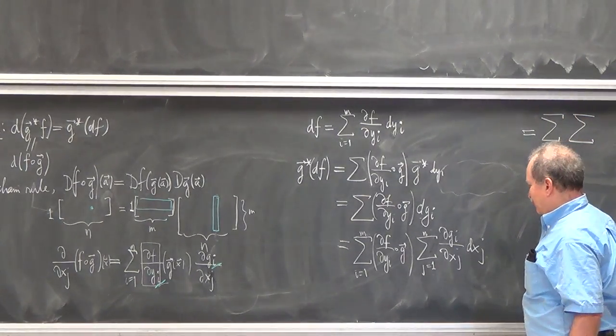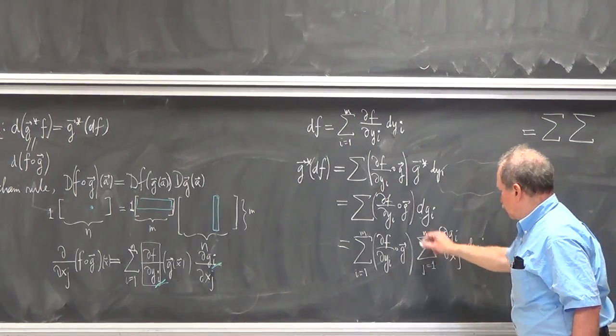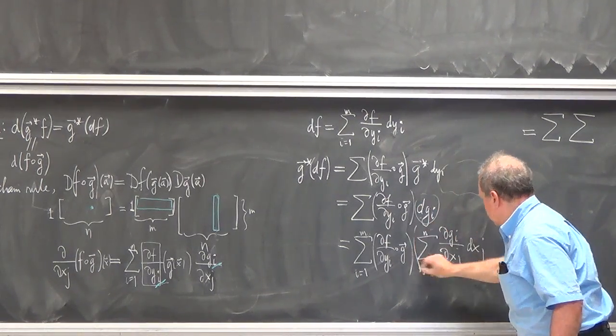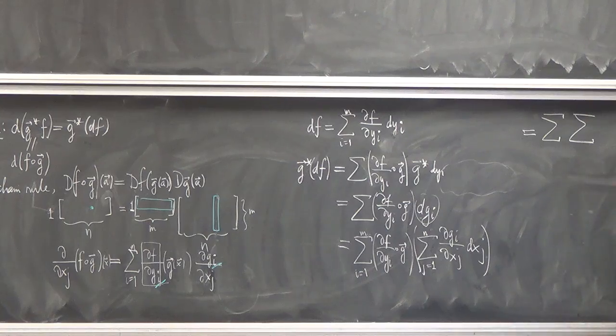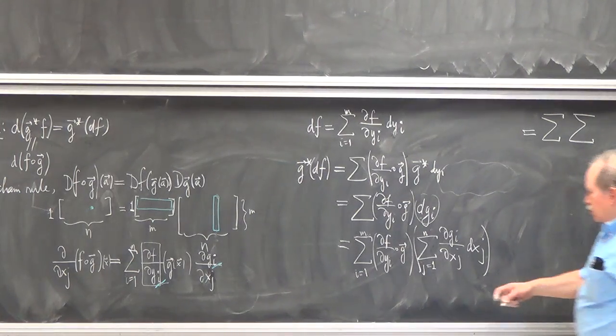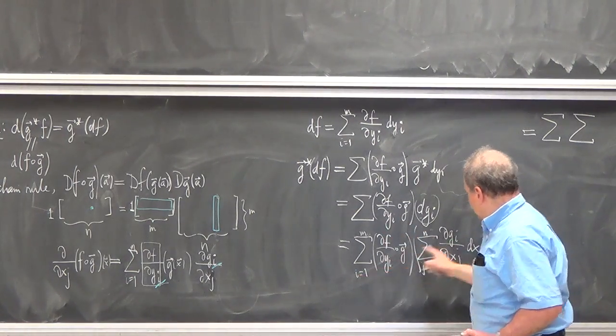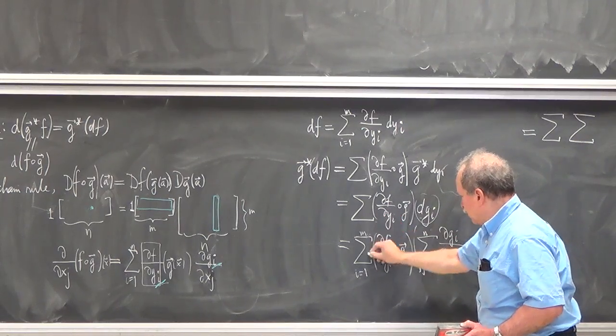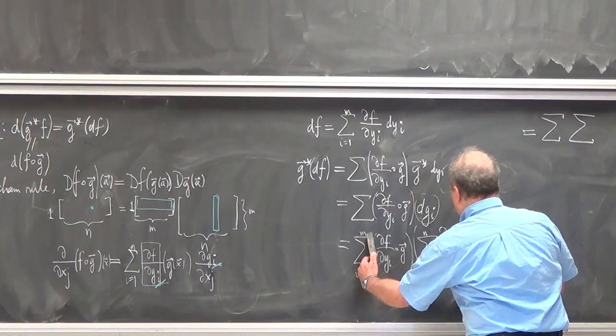Is that times or is that a sum? That's dgi, so it's times. This involves i, so this is a sum of this whole thing on i.